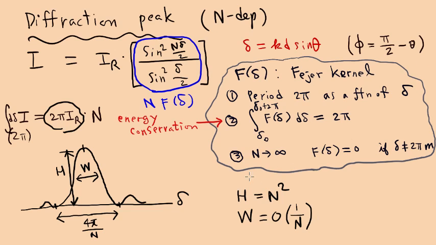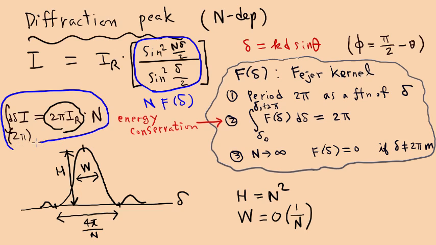So right there, when you multiply height by width, you get a number which is on the order of n, and that's the area under that curve. And that area is of course order n because that agrees with this integral here too.